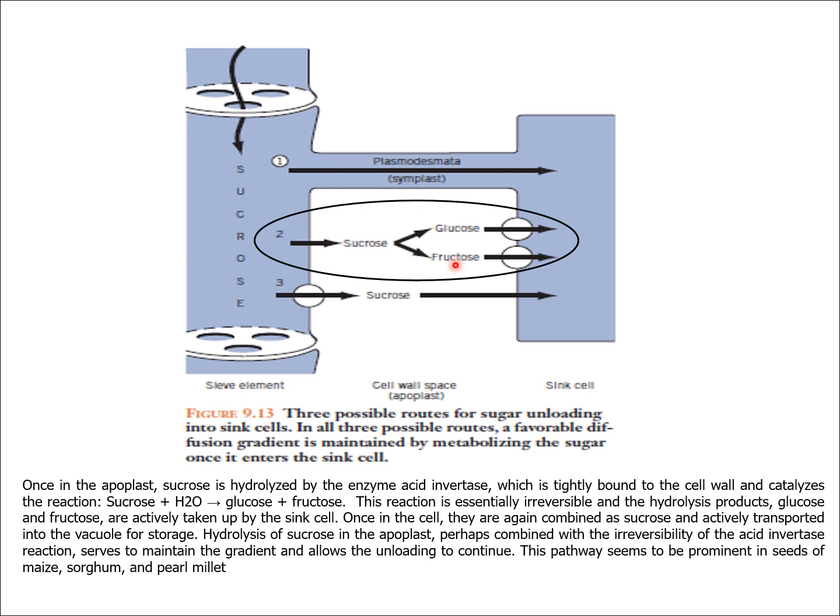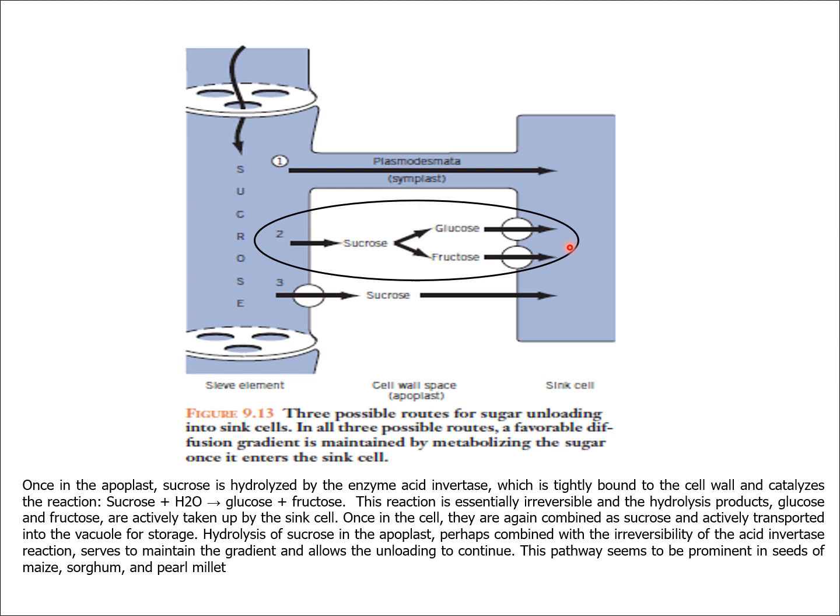This reaction is essentially irreversible, and the hydrolysis products, glucose and fructose, are actively taken up by the sink cell. Once in the cell, they are again combined as sucrose and actively transported into the vacuole for storage.